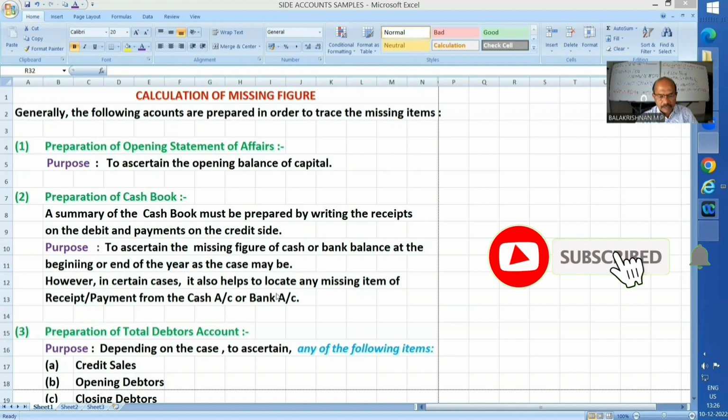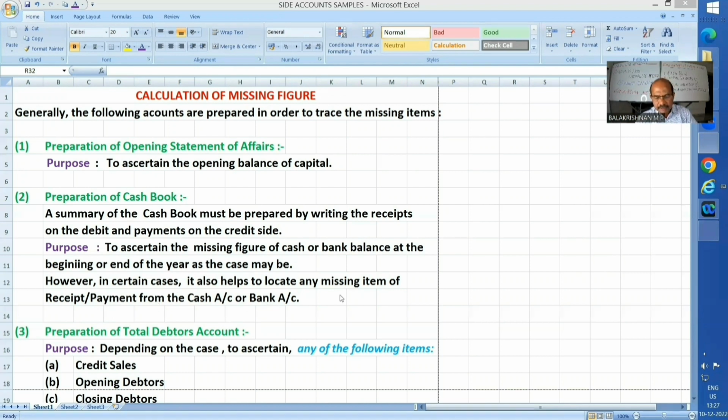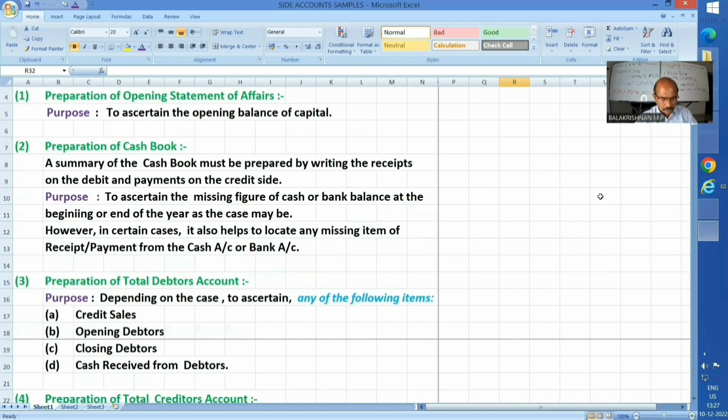That's over. Now, preparation of cash book. A summary of the cash book must be prepared by writing the receipts on the debit side and payments on the credit side. Purpose: to ascertain the missing figure of cash or bank balance at the beginning or end of the year, as the case may be. However, in certain cases, it also helps to locate any missing item of receipt or payment from the cash account or bank account.